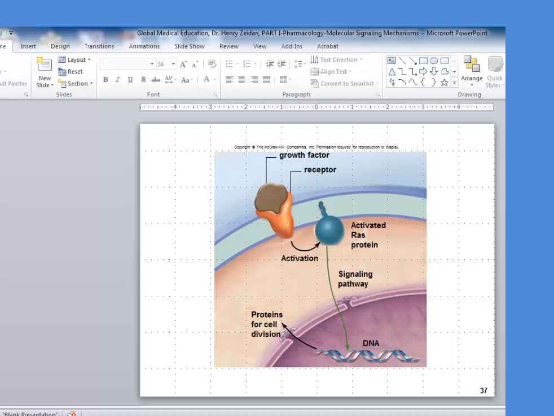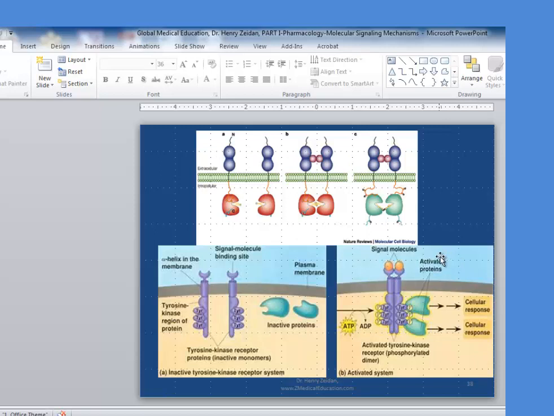So in essence, when you look at growth factor, when you look at tyrosine kinase, you have a channel here. You have a dimer. In a resting stage, that's what you see here. You can see that they link together here. See here, two proteins. They link together by this.